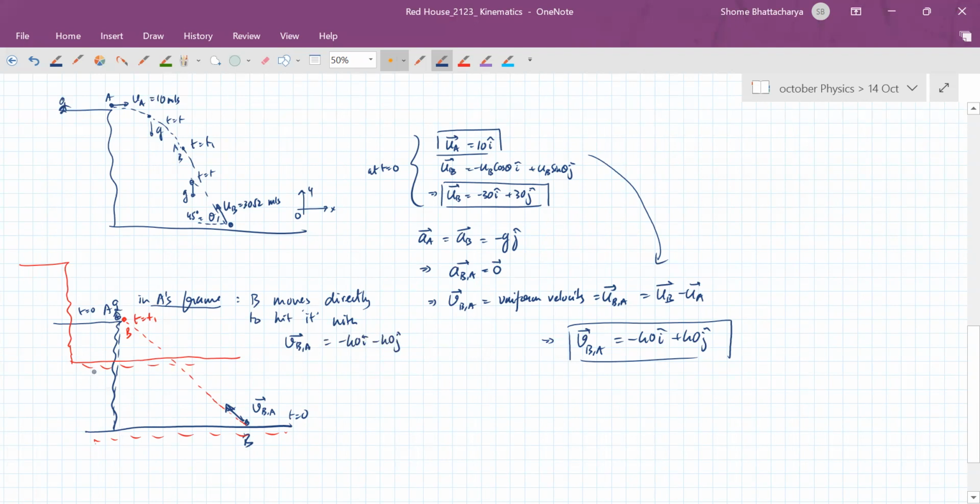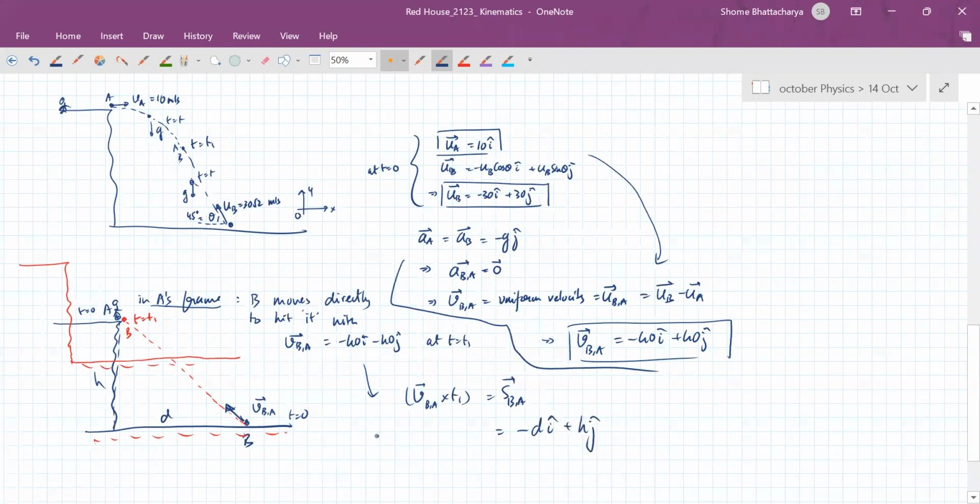Now this distance was h and this distance was d. This velocity of B relative to A times t1 should be the displacement of B with respect to A in that time, and that displacement you can see from here is minus d i cap plus h j cap. So the velocity of minus 40 i cap plus 40 j cap times t1 is equal to this.